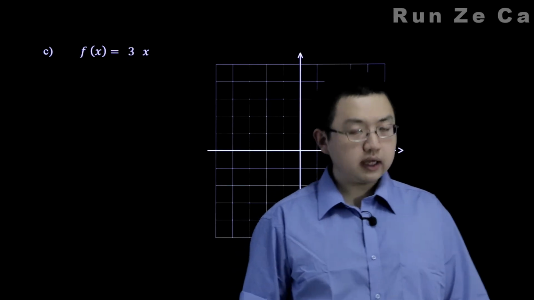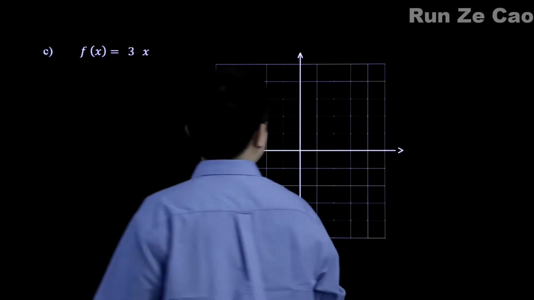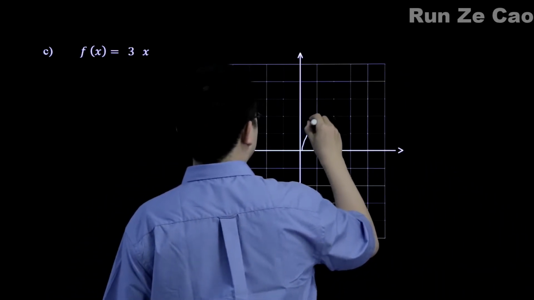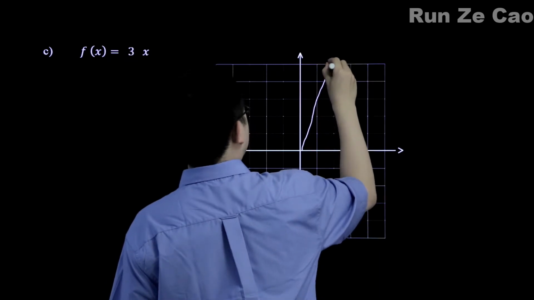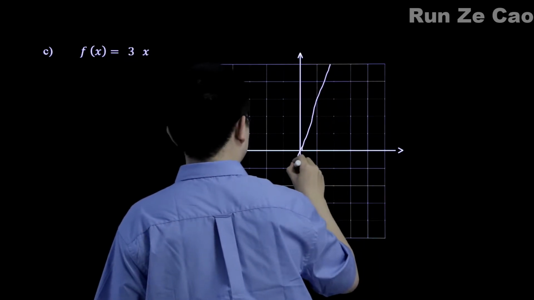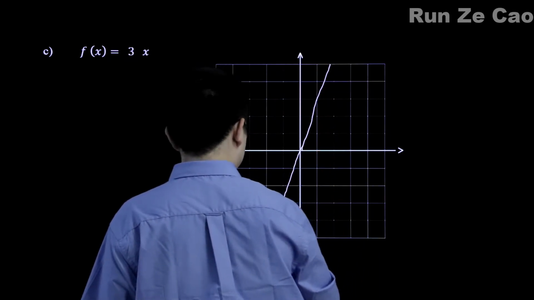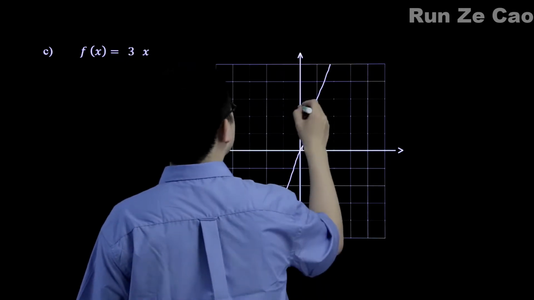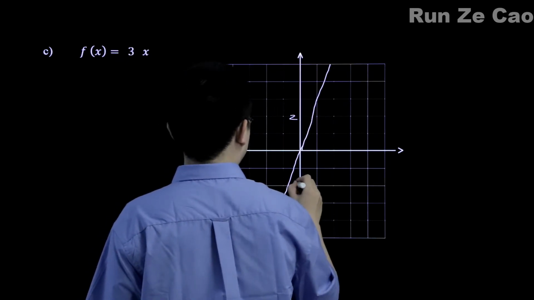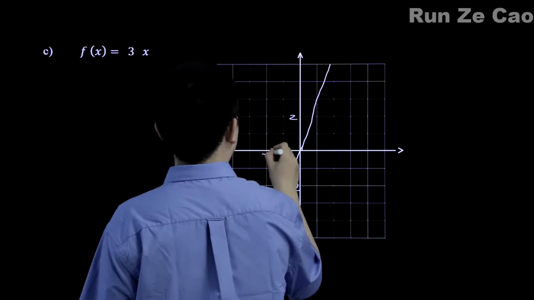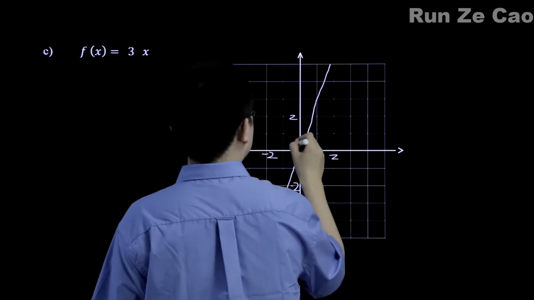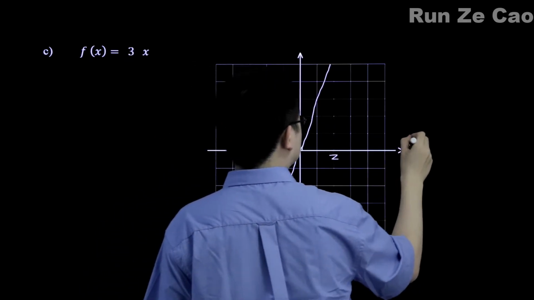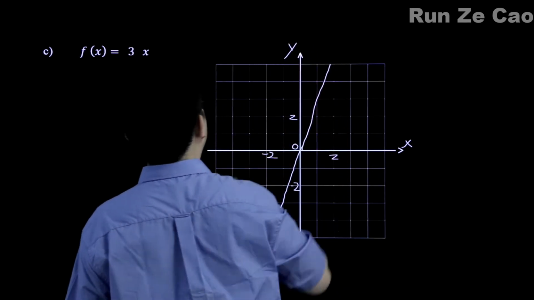F of x equals 3x. Well, this would lead us to, we'll draw the scale in a moment. 2, negative 2, negative 2, 2, 0, x, y.